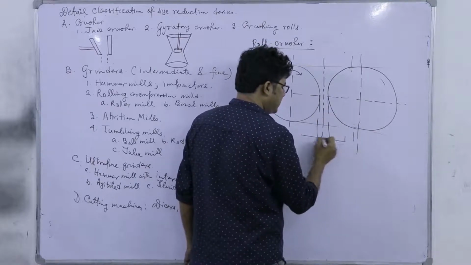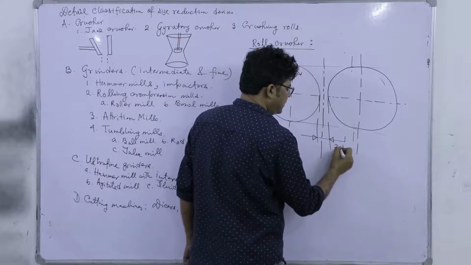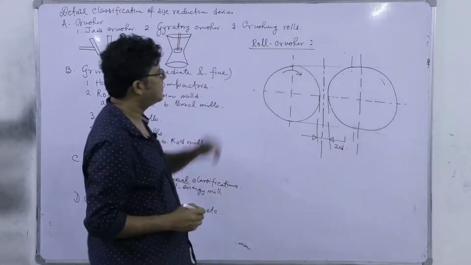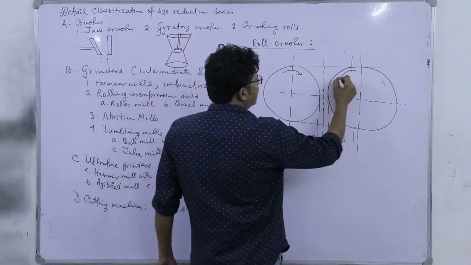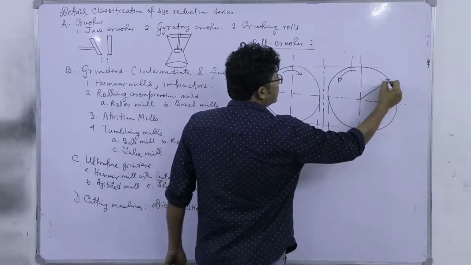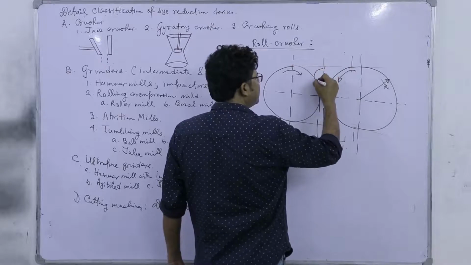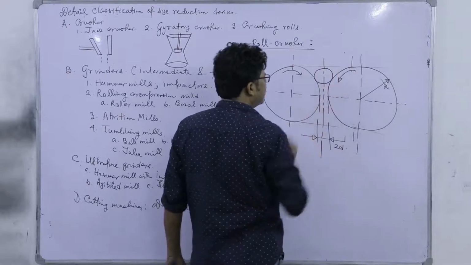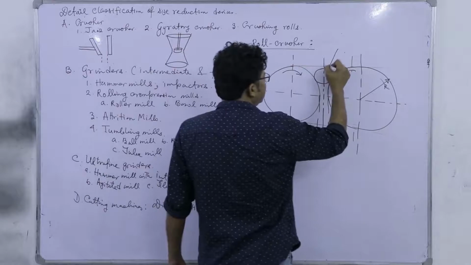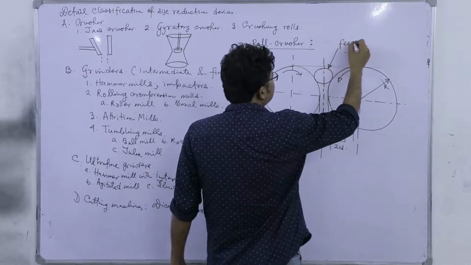And let us assign the gap 2D here, right. This is the radius of the mill, and here we can have the particle being trapped, right. This is the feed particle.